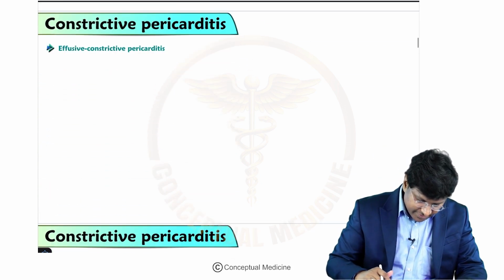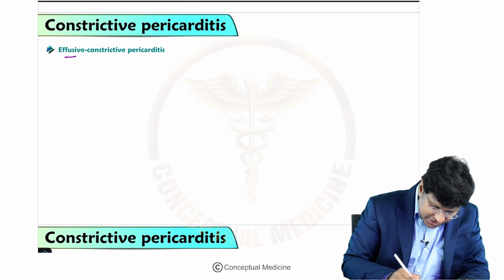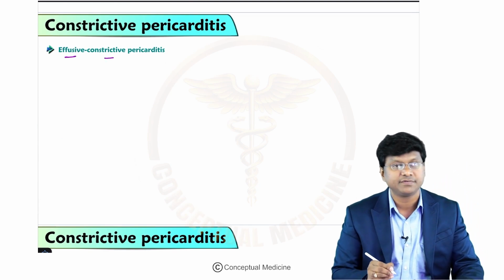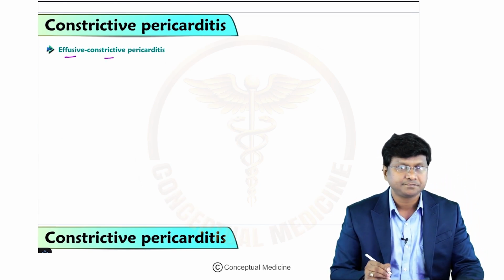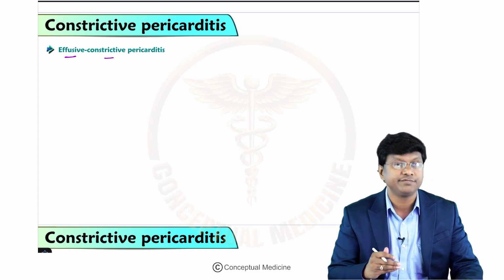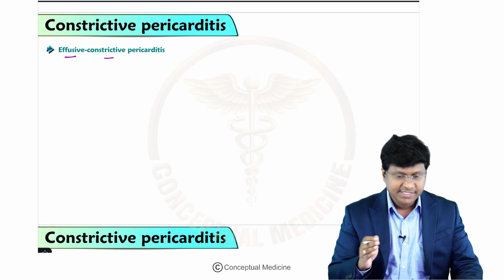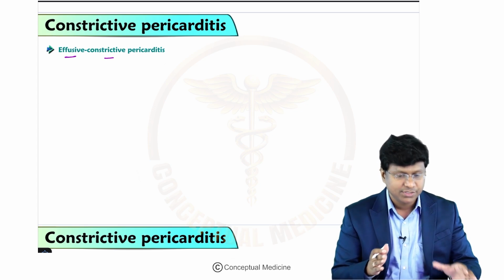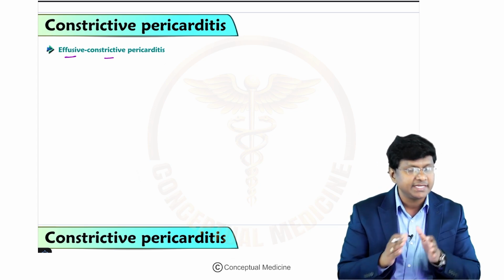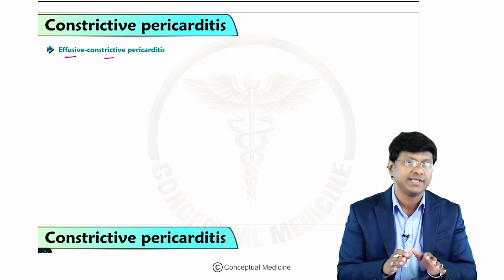And we have one more terminology called effusive constrictive pericarditis. Now what is this? At times, both cardiac tamponade and constrictive pericarditis may coexist.